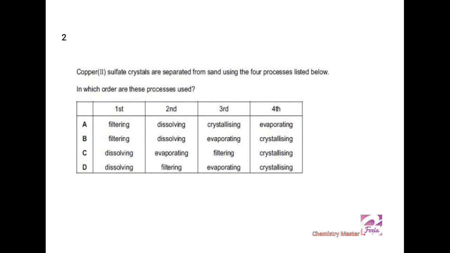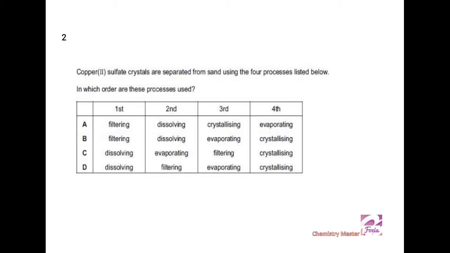Then if we add water or some suitable solvent to the mixture of solids, the soluble one will be dissolved in water, leaving behind the other one. So the next option should be filtration.